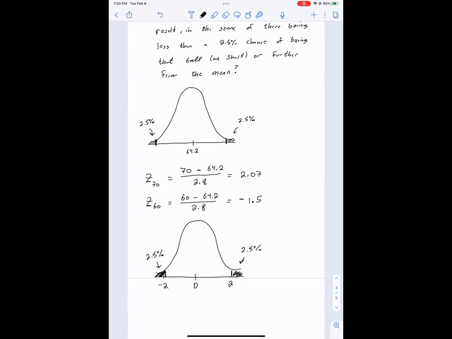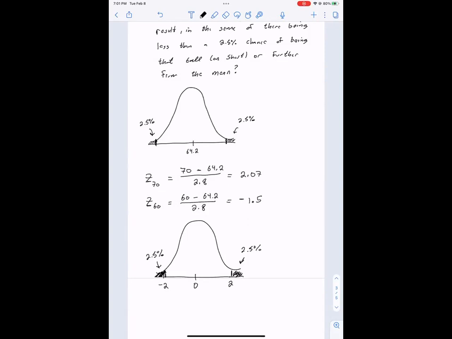Because remember, the first deviation is 68%. The second deviation is 95%, correct? So if I hit 95%, leaving 2.5% on either end, then 2 and negative 2 are the cutoffs for being considered in the outside 2.5% on either end. I was assuming everything after the 99.7 would be the cutoff.